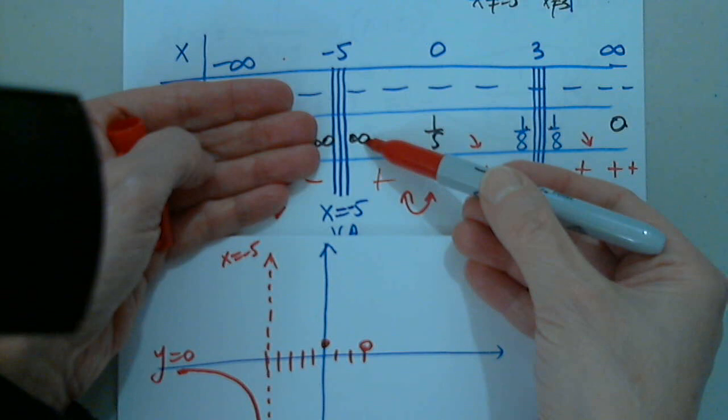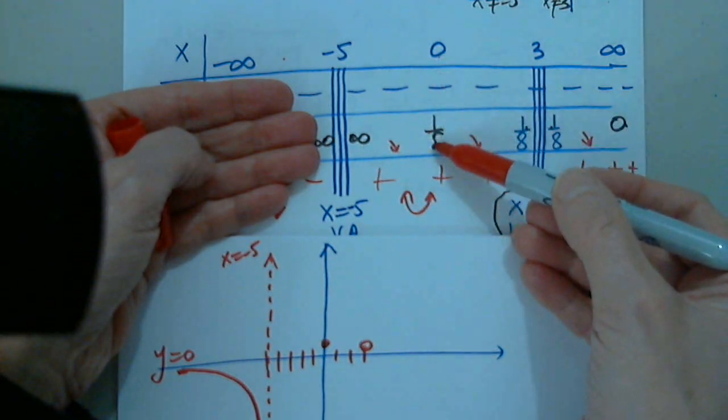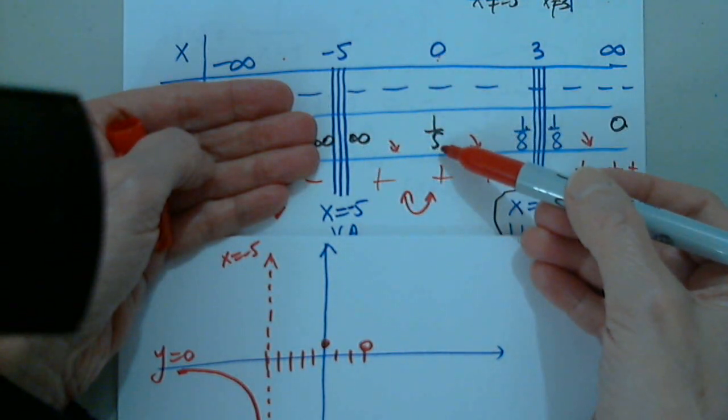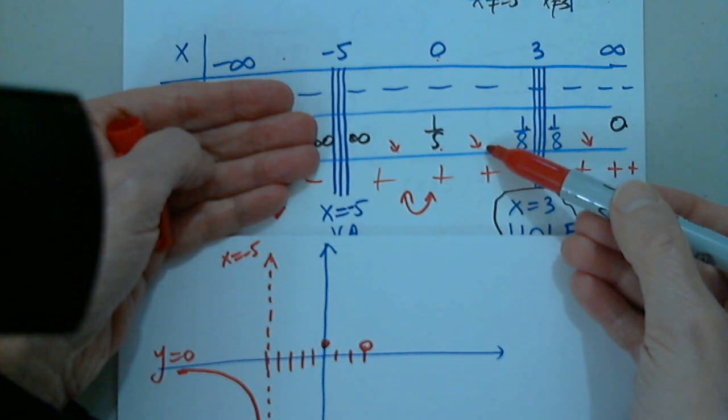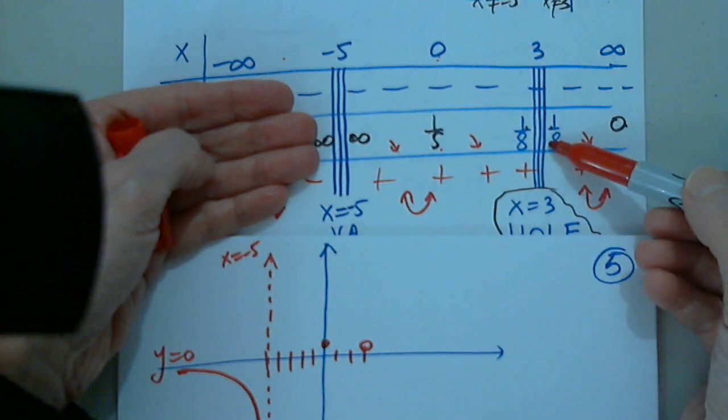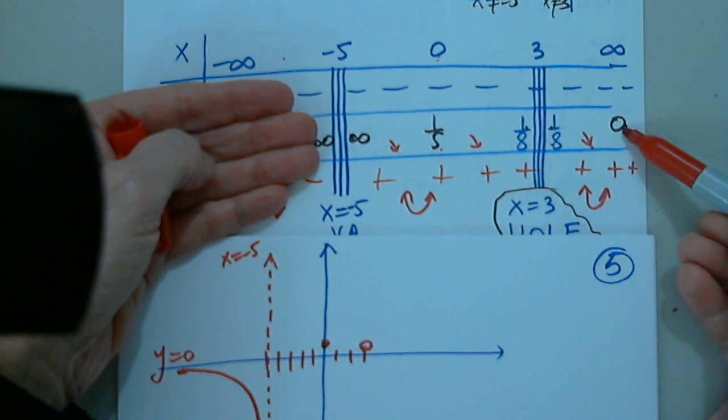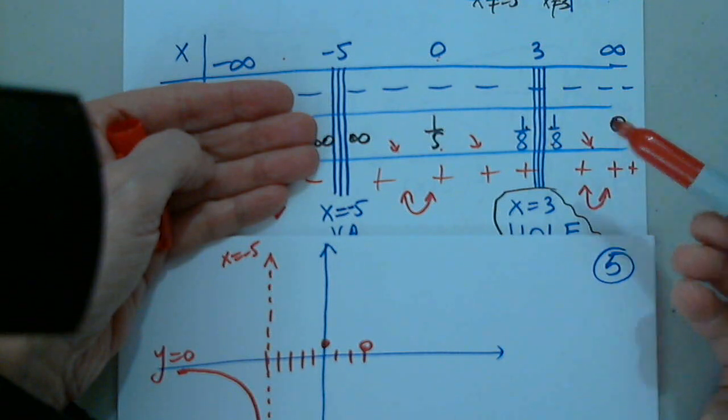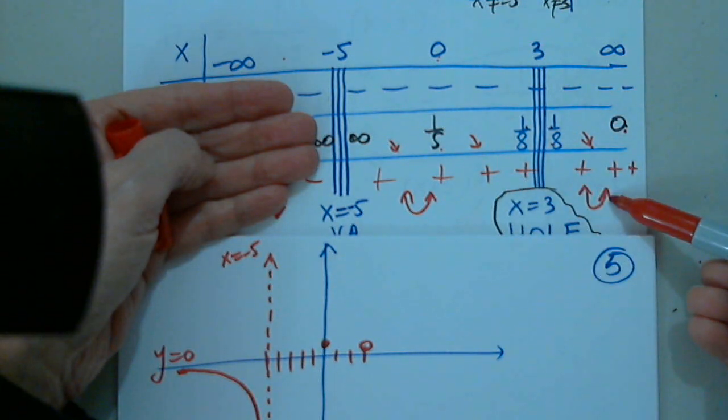I'm here now. It's coming from +infinity, dropping to and crossing the y-axis, further dropping to the hole, further dropping to the horizontal asymptote, always opening up.